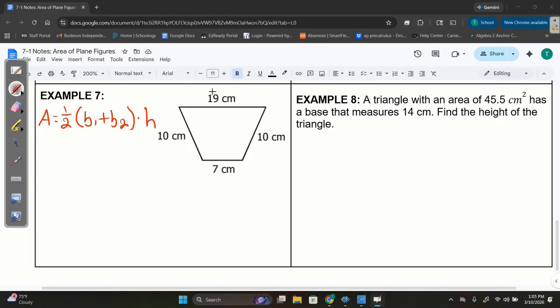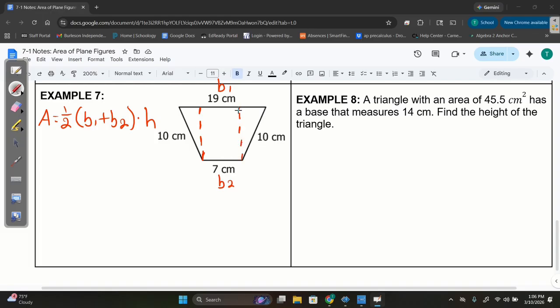Base 1 and base 2 are easy enough to find. This is base 1, this is base 2. The height is not going to be 10. Instead, the height is going to be whatever this distance here is.